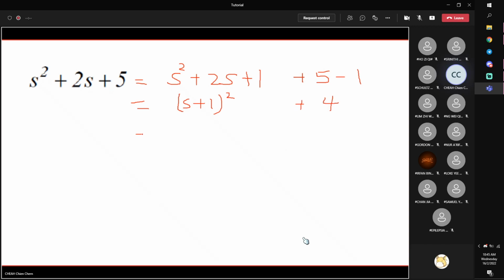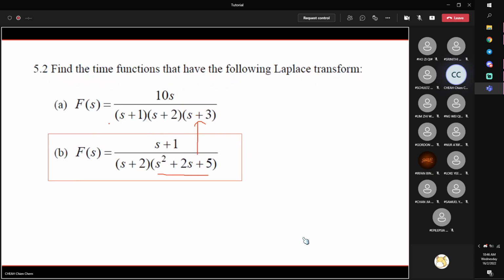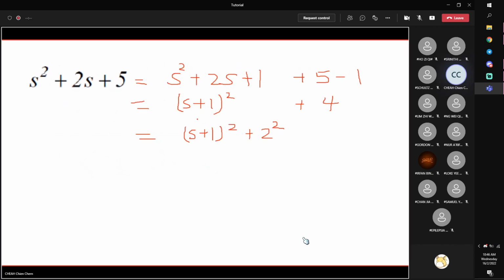So essentially it becomes (s plus 1) squared plus 2 squared. It cannot be factorized into two real factors, but it can be put into this form.